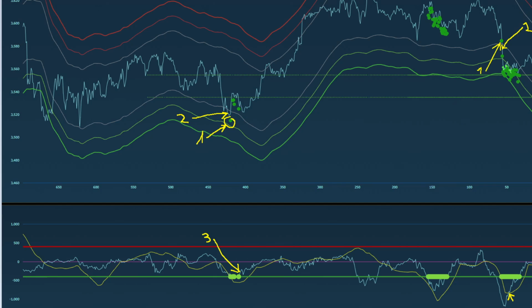Now the other thing is, we talk about it a lot in the chat room. You see these green horizontal lines, and they are below the bands, and this is a great trade location. You just take the midpoint of these green horizontal lines, and this was actually almost to the tip, the bottom.